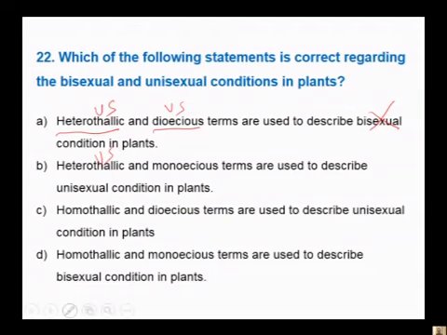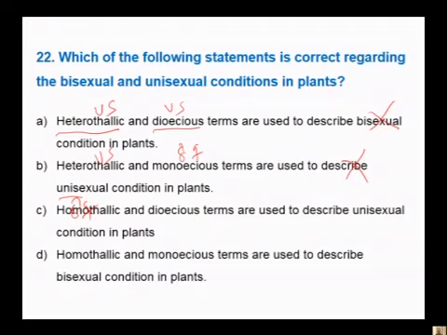Monoecious is a condition where the plant has both male and female, so the plant is bisexual. Heterothallic is unisexual, but monoecious is bisexual, and it is said to be used for unisexual. It cannot be the answer. Homothallic and dioecious: homothallic is where male and female structures are present on the same thallus. So it is bisexual.